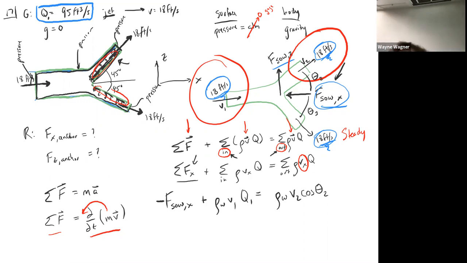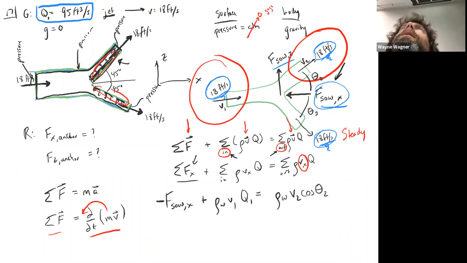Again, just remember that Vx has a sign on it. It could be positive or negative, but if it's not directly aligned with one of your axes, you're probably going to need a sine or a cosine. And again, we need a Q right here. In the problem statement, hold on, I lost that problem statement. Where is it?